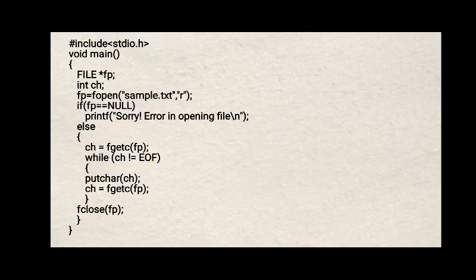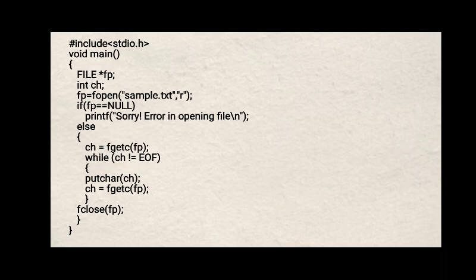So this is the use of fgetc. Individual characters will be read, and those characters will be displayed on the screen. So if hello was stored in your file, first h will be read, h will be displayed, e will be read, e will be displayed, l will be read, l will be displayed, again l will be read, l will be displayed, and again o will be read and displayed.